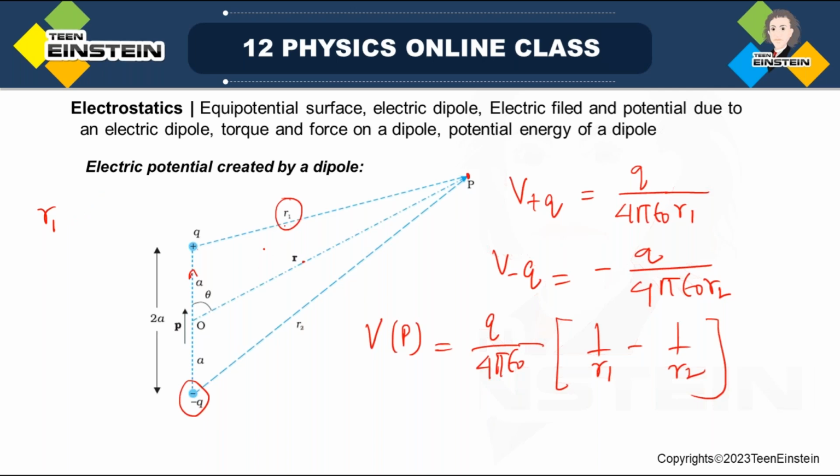So R1 square will be R square plus A square minus 2AR cos of theta. Similarly, R2 square will be R square plus A square plus 2AR cos of theta.